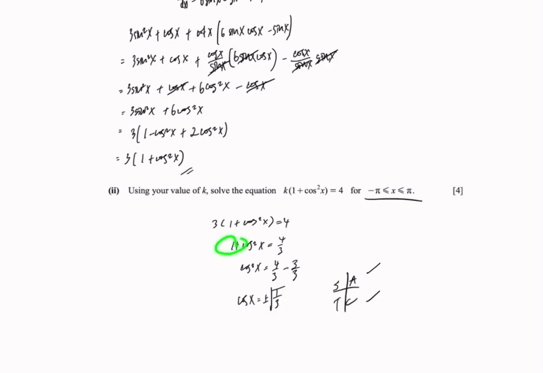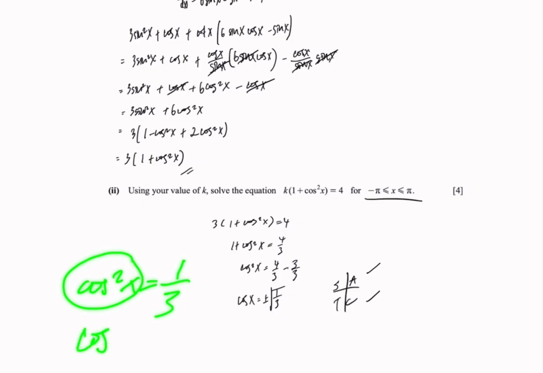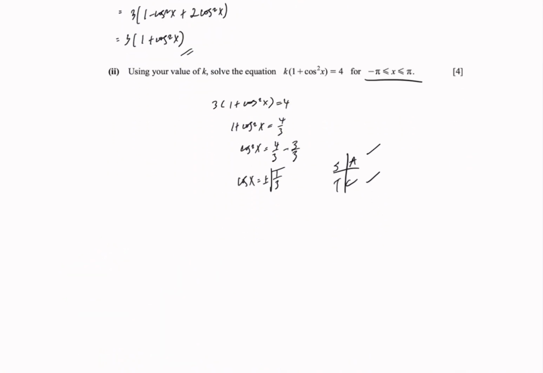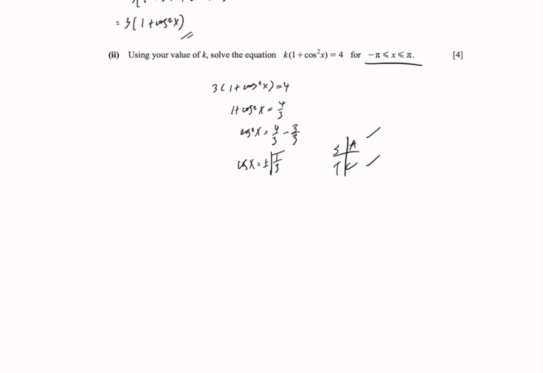No, you need to bring 1 to the other side as well, which will give you cos squared x equal to 1/3, and since there's a square here, it's just cos x equals plus or minus the square root of 1 over 3. And obviously you won't know the standard answer for this, so you can just leave it here.